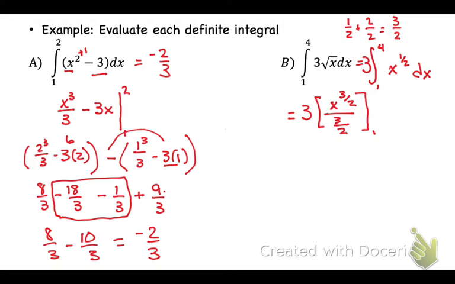From 1 to 4. Well, when we divide by a fraction, we multiply by the reciprocal. So that's going to be 2/3 x to the 3/2, from 1 to 4.